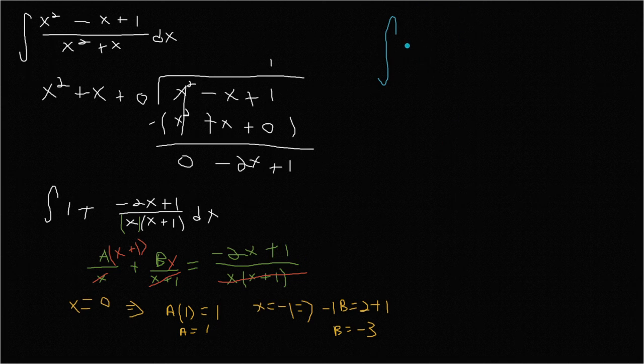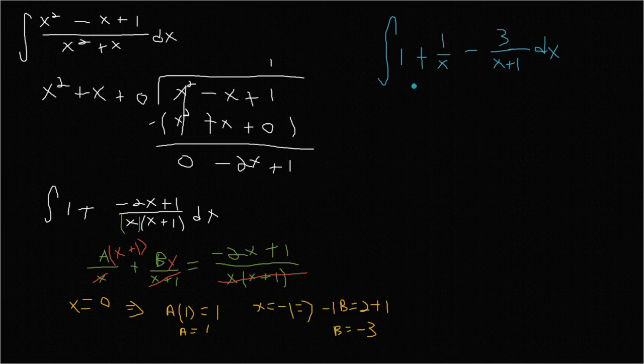And so we now have our integral of 1 plus a over this, and a is 1, so we're just going to say 1 over x, and then we're going to do the other term, so b over x plus 1, and b is negative 3, so we're going to do minus 3 over x plus 1, with respect to dx.